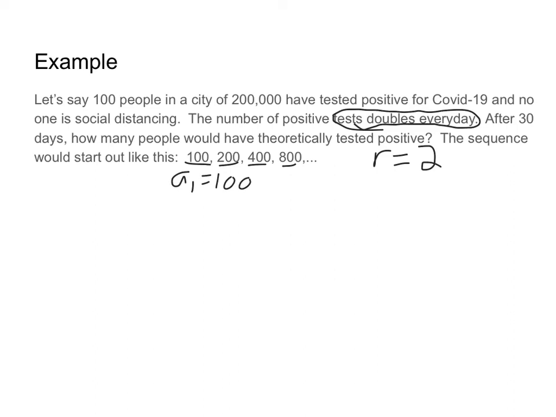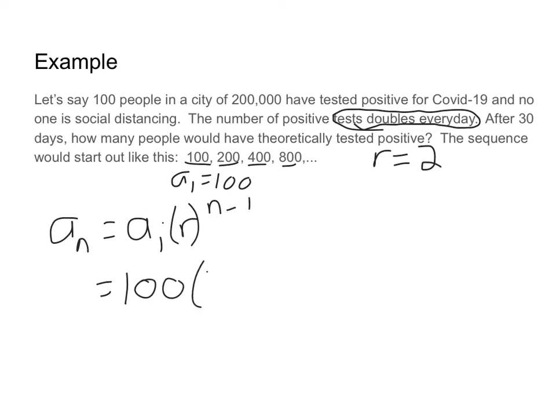So I can write my formula: a sub 1 times r to the n minus 1. A sub 1 is 100. R is 2. So there's my formula. That's going to let me predict how many people would have it after a certain number of days.